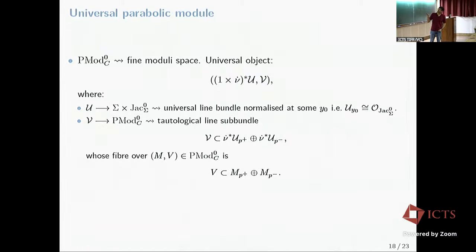And I have this curly V, which is just the tautological line subbundle of this restriction of the pullback of the universal bundle to P plus and P minus, so the points above the node. Okay, so this is kind of a tautological bundle because the fiber over this parabolic module of this curly V is exactly the one-dimensional subspace I'm taking of this M_P plus and M_P minus. Okay. So this is the universal object.